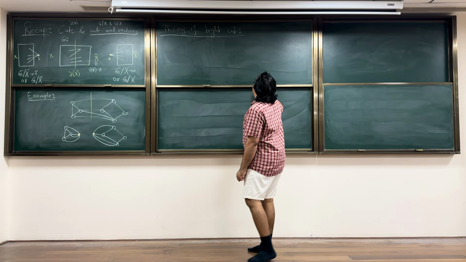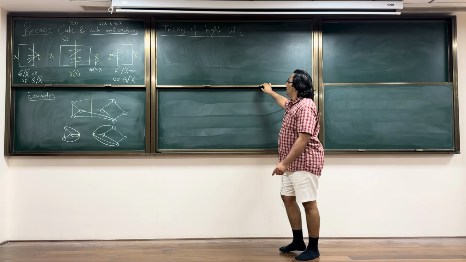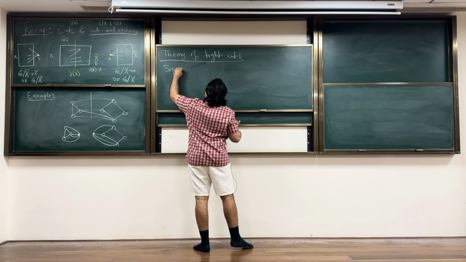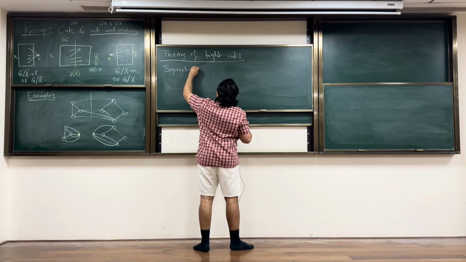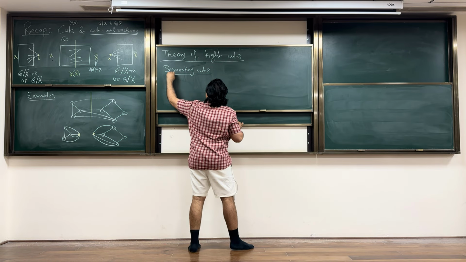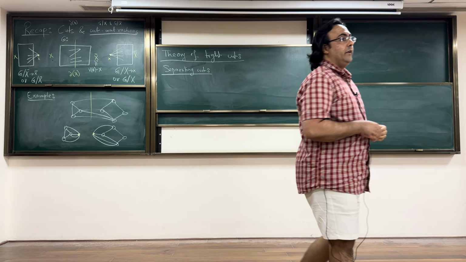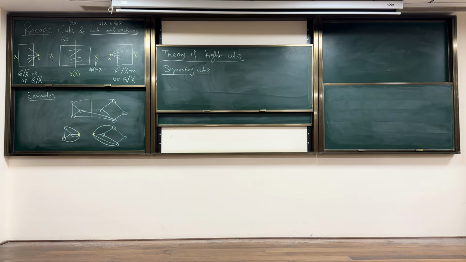Alright, and before we go into tight cuts, which we already defined, let us quickly recall separating cuts. So a cut is a separating cut for a matching covered graph, of course, if both contractions are matching covered.